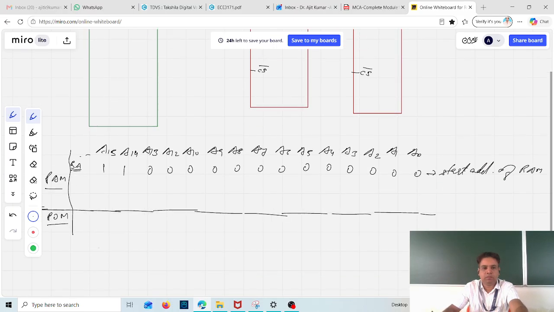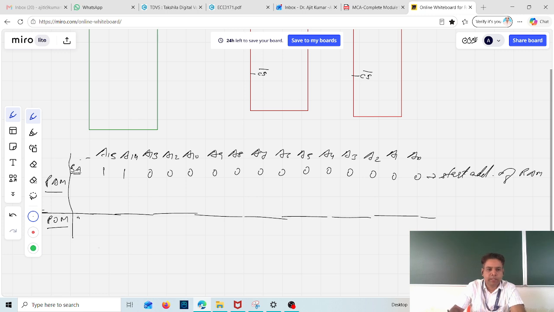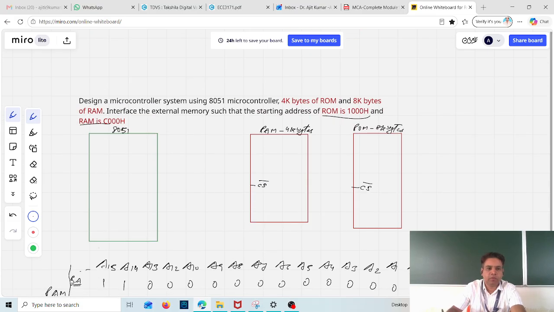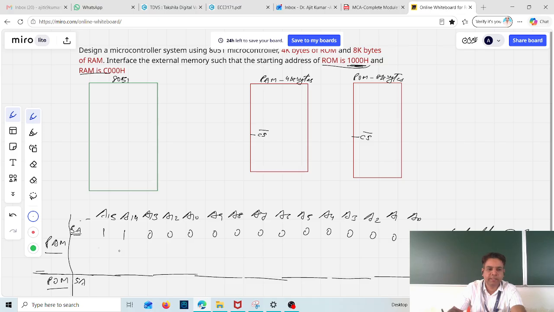For the ROM, the starting address given is 1000. 1 in hexadecimal is written as 0001. So A15 is 0, A14 is 0, A13 is 0, A12 is 1, and the rest of the bits are 0: A11 0, A10 0, A9 0, A8 0, A7 0, A6 0, A5 0, A4 0, A3 0, A2 0, A1 0, A0 0.